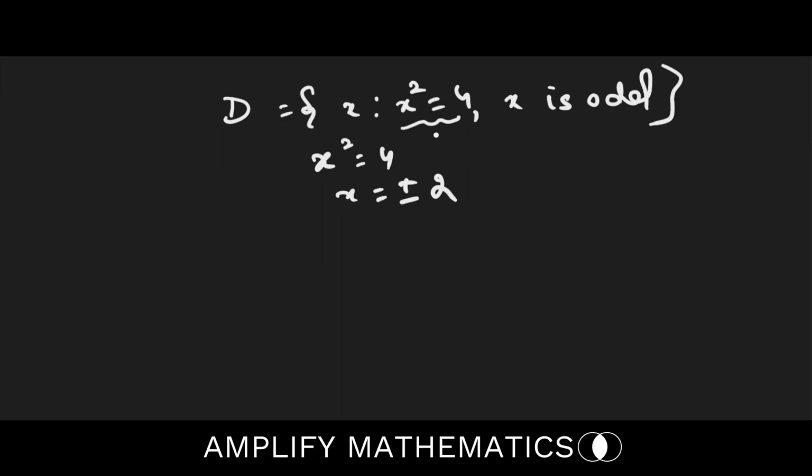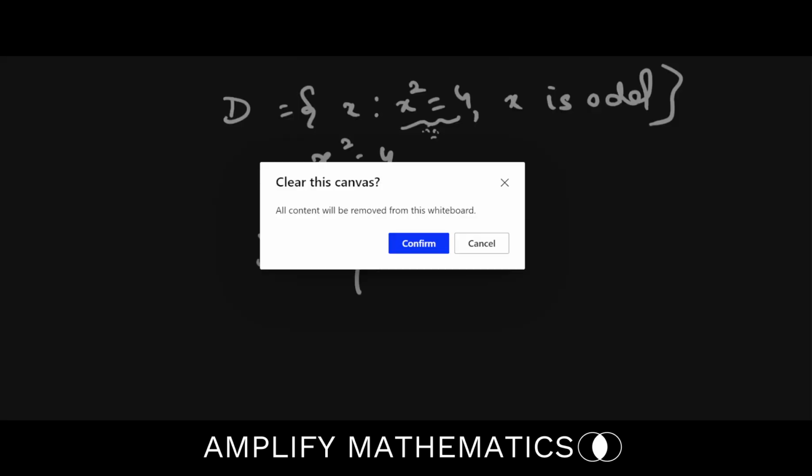So this equation is not satisfied by any of the odd values of x, therefore D is an empty set.